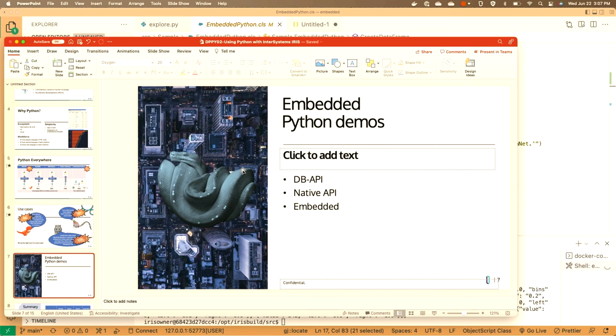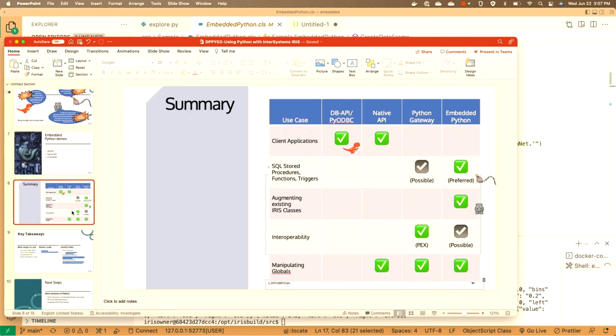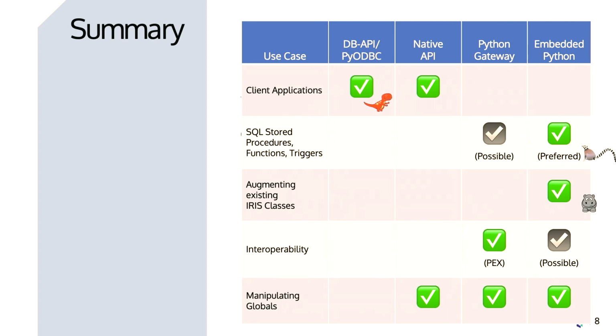Okay, so I'm going to switch back over. I'm just going to summarize here. So we saw some DB API code there. And we talked about how that's really well suited to client applications or full stack applications, kind of your traditional web development scenario.